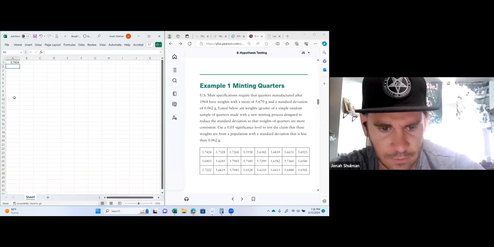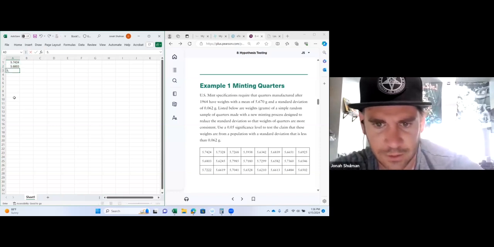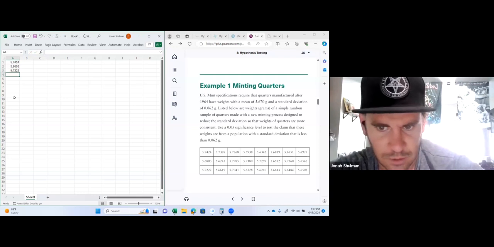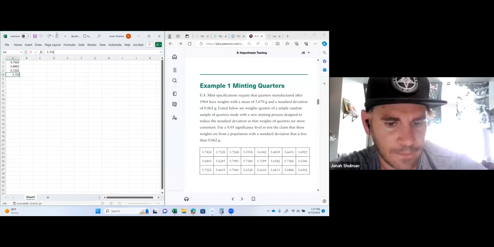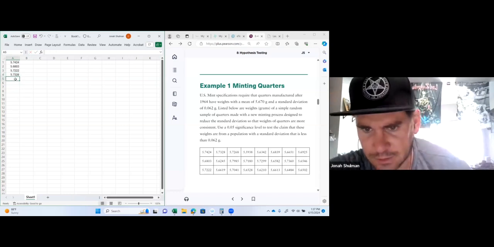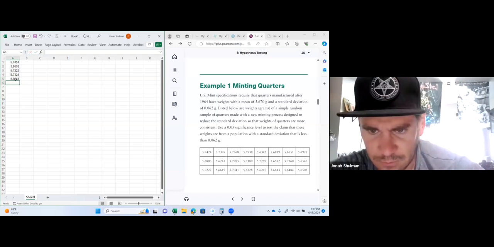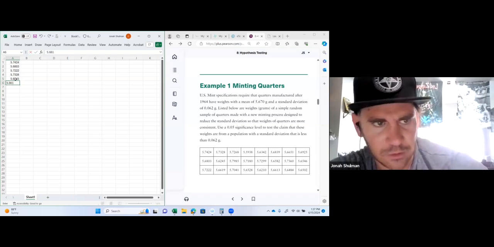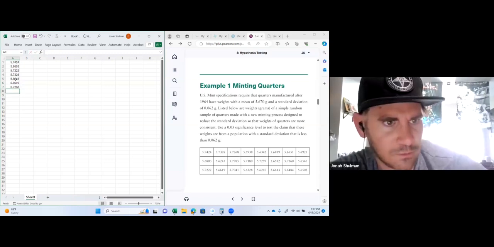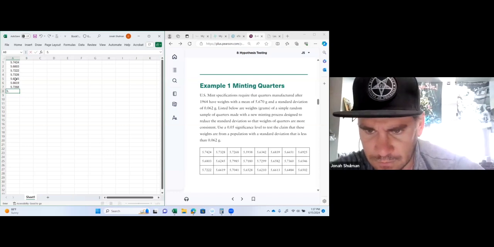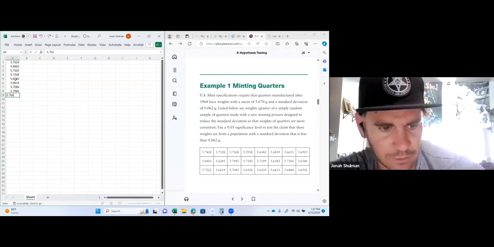5.7424, 5.6803, 5.7222, 5.7328, sorry, 5.6245. The next one is 5.6619. The next one is 5.7268. Next one is 5.7985. Next one is 5.7041.